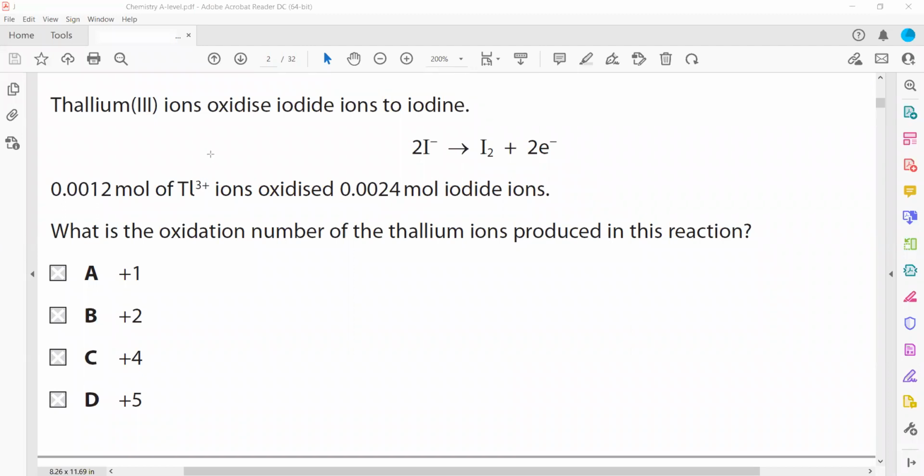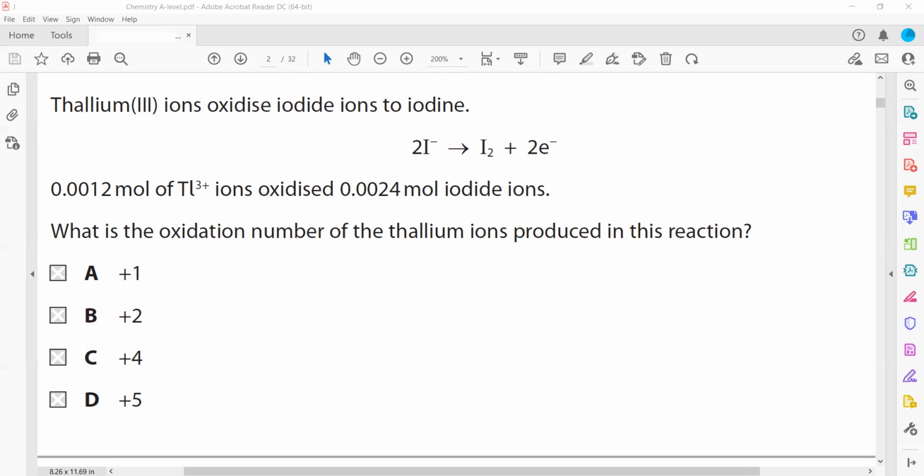In this question, thallium-3 ions oxidize iodide ions to iodine molecules. The ratio between the thallium ions oxidizing 0.0024 iodide ions. What is the oxidation number of the thallium ion produced in this reaction? So we have to work out the ratio first.